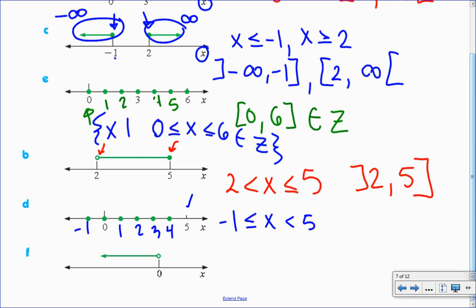You see how that one's not filled in? And we still have to say that it's an element of the integers. Or we can say from -1 to 4, include that, or we can say 5, but not include it. And again, we need it to be an element of the integers.